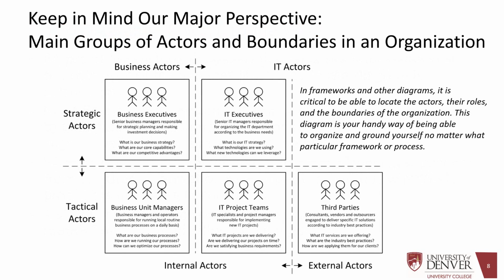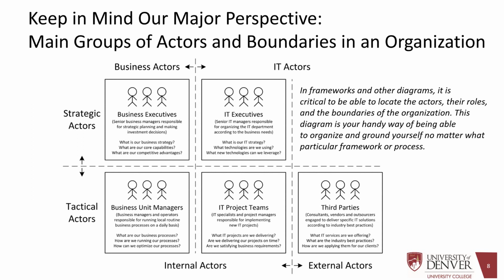So keep in mind our major perspective, and this is what we talked about last week. You have strategic actors and tactical actors. We understand that. We have business actors and IT actors. And here's Kotusev's diagram. No matter what framework you look at, it's important to say, okay, where's the business?